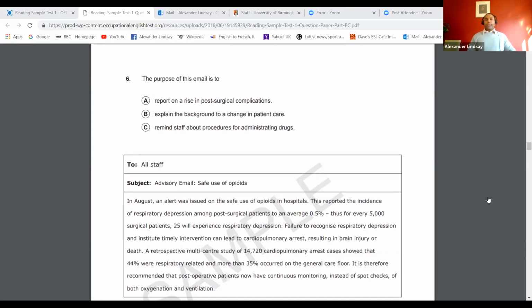Okay, so I'm just going to give you a minute now to have a look at the options and have a look at the text. Or let's say 2 minutes, because you'll get 2 minutes in the exam. 2 minutes, have a look at the options, have a look at the text, and think about this. Why was this email written? What's the main purpose of this email? A, B, or C?